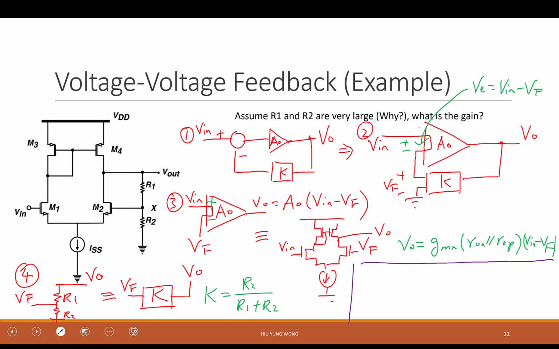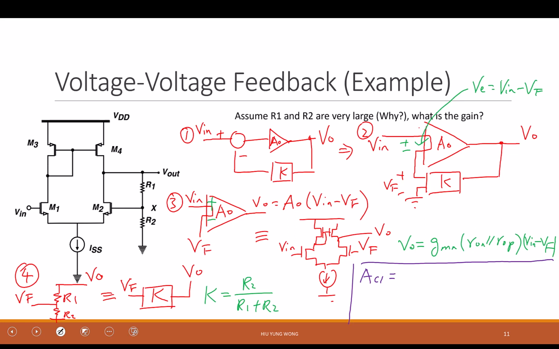Looks like a differential amplifier, but it is not. And it only has 1 input, not 2 inputs, right? But now you can tell me right away, what is the gain of this whole circuit? Say again. VO over 1 plus K. VO over 1 plus K.